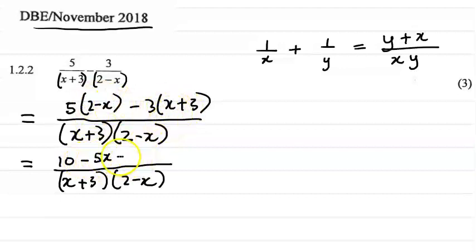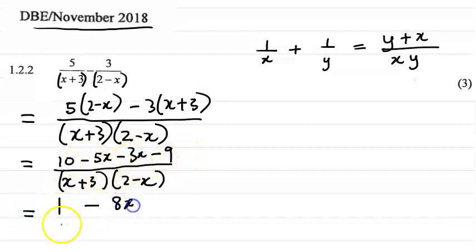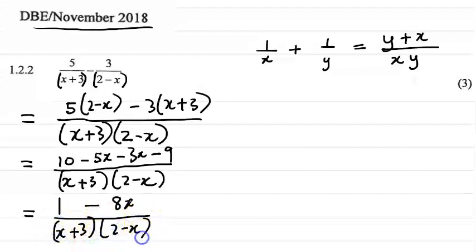Minus 3 times x is minus 3x. And minus 3 times plus 3 is minus 9. Equals 10 minus 9 is equal to 1. Minus 5x and minus 3x is minus 8x, and my denominator is x plus 3 and 2 minus x.